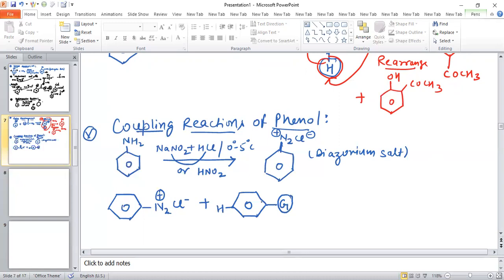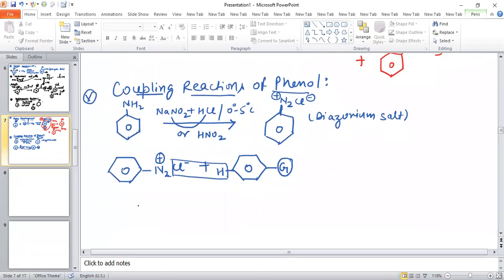Which groups can show coupling reaction? I am telling you. So this HCl will be removed.